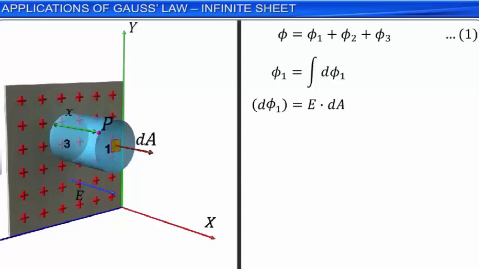Since E and dA are parallel to each other, E dot dA is equal to EdA cos 0, which is equal to EdA. Let this be equation 2.